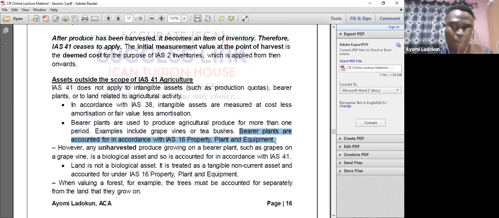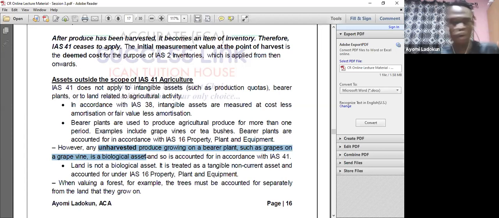Now, you apply IS 16 on bearer plant. However, any unharvested produce growing on bearer plants, such as grapes on grapevine, can you see now, it's a biological asset, and it should be accounted for in line with IS 41. That's what you need to understand. This is the most technical area in IS 41, but it's quite simple.